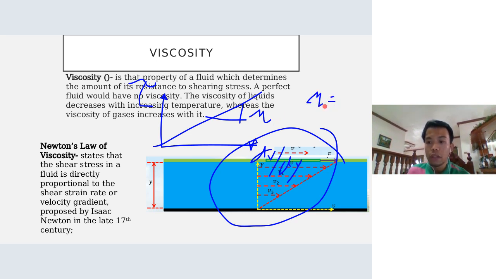If we put it in an equation, rise over run, so shear stress over dv over dy, cross multiply this to this side, so you have this equation. Just a review lang.